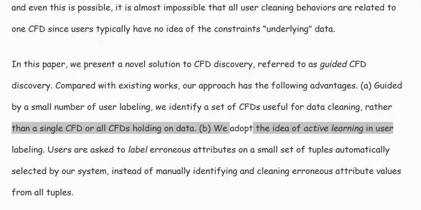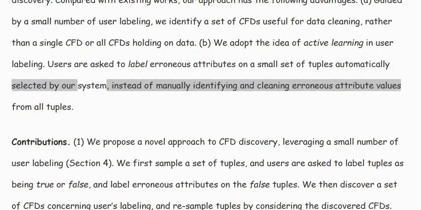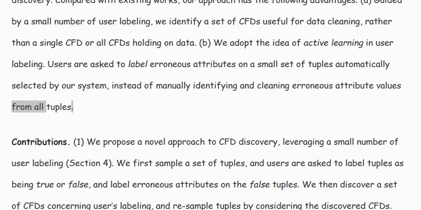B. We adopt the idea of active learning in user labeling. Users are asked to label erroneous attributes on a small set of tuples automatically selected by our system, instead of manually identifying and cleaning erroneous attribute values from all tuples.